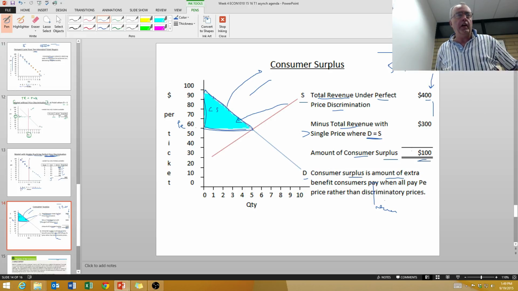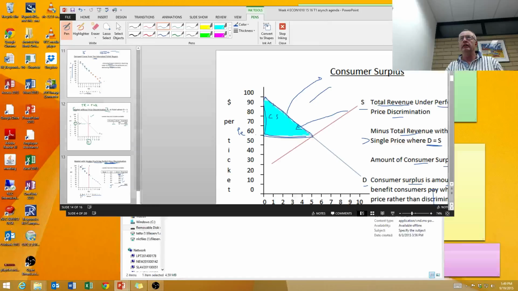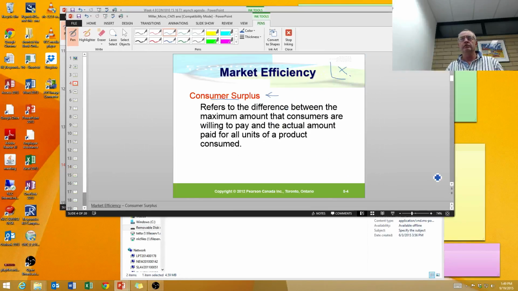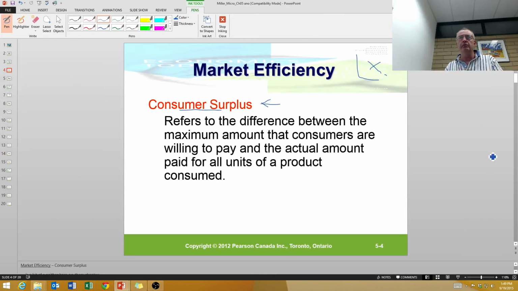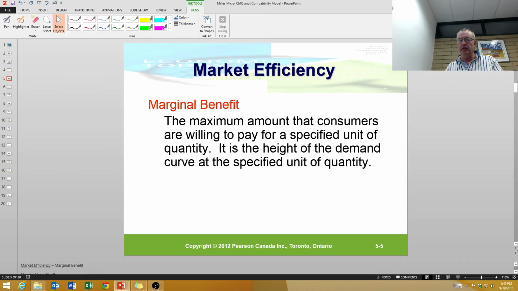Okay. So now let's go back to the slides, and we'll go through them, because we're going to see the same diagrams again. So our demand curve represents the so-called marginal benefit.